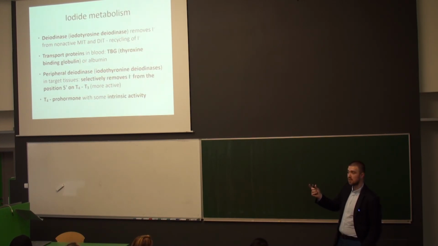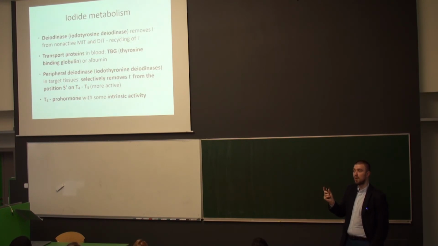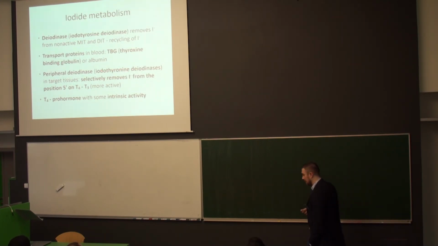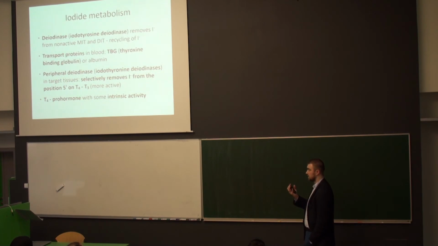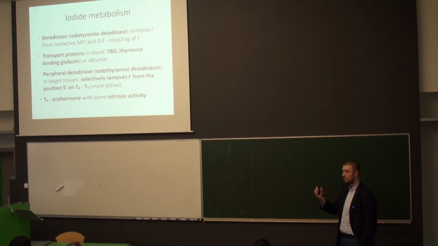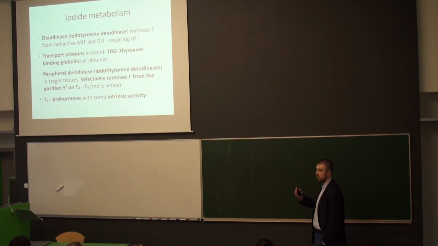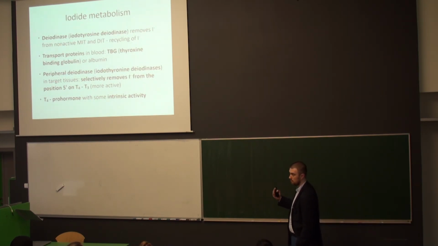Iodothyronine means that it's the thyroid hormone itself. It's not only one tyrosine. Yes, this was iodotyrosine, and this is iodothyronine. And this enzyme does one selective reaction: it takes one iodine from T4, removes it, and converts the molecule to T3, to triiodothyronine.